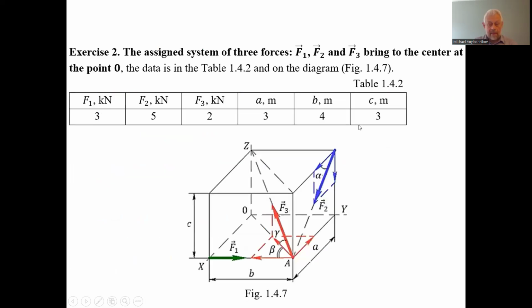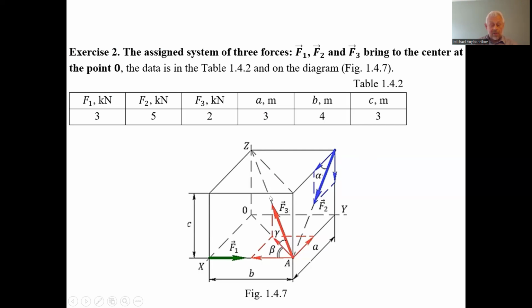Cosine gamma: first we can find the gamma angle here, using the length of the diagonal of this triangle. One leg is C, which is 3 meters. The other leg is 0A, which is 5 meters. Using the theorem of Pythagoras, we can find the diagonal, the hypotenuse of the right angle triangle A0Z.